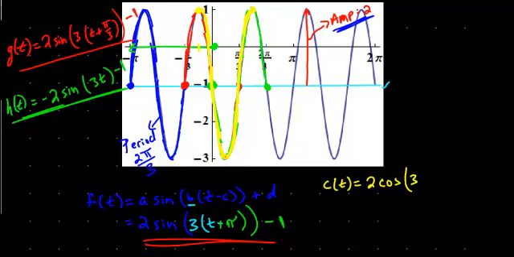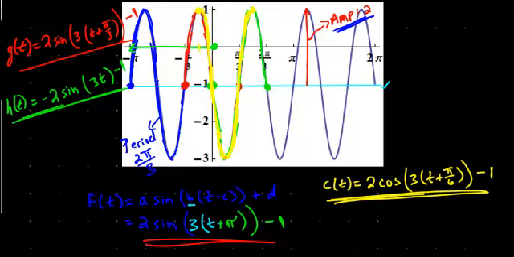It's going to be 3, and it's going to be t plus pi over 6. And my center line is still down at minus 1, so it's still minus 1 there. So again, there's a fourth representation of the graph of this function.